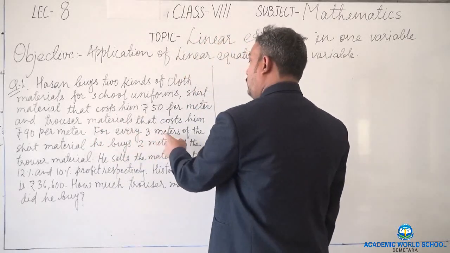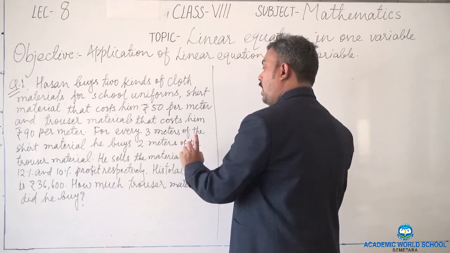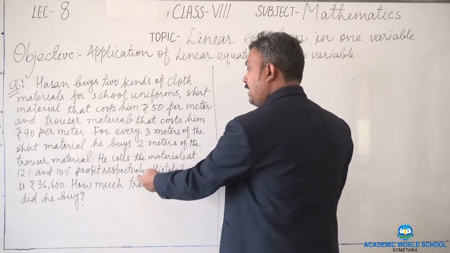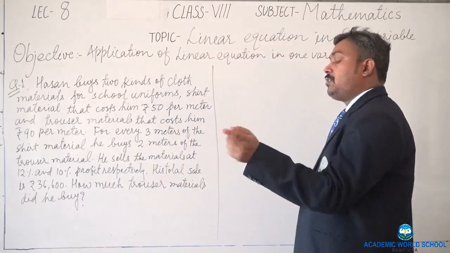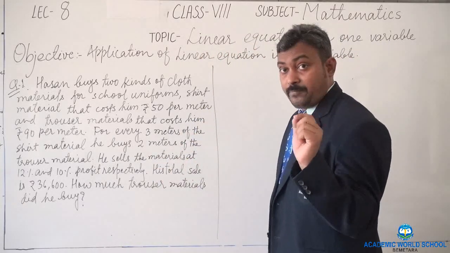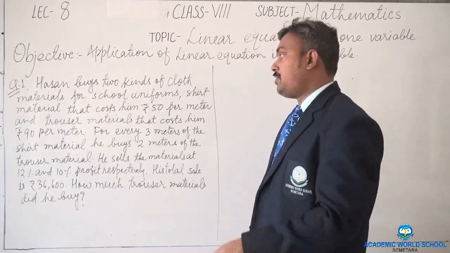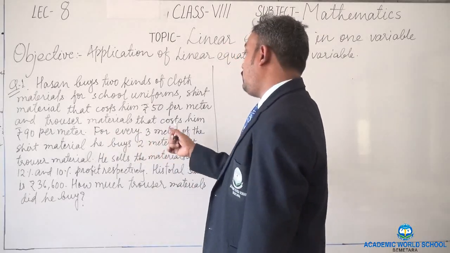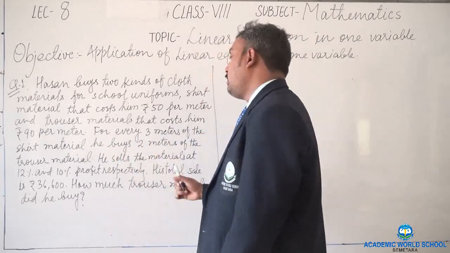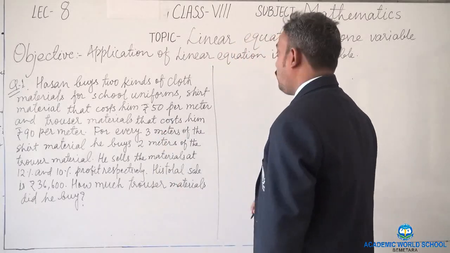Then for every 3 meters, using these two conditions we are going to write the mathematical statement, which is an important part of application-based questions. So see that for every 3 meters of the shirt material, he buys 2 meters of the trouser material.